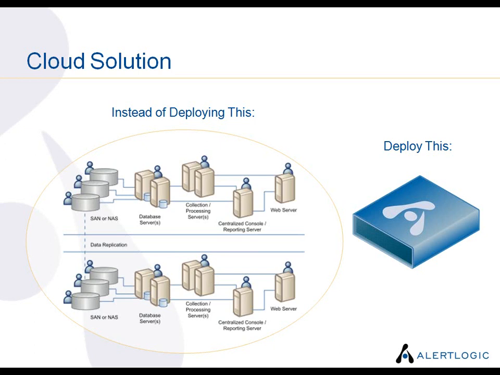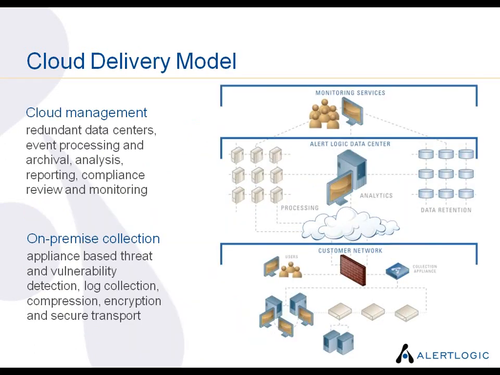This collection device sits out there, and all it's doing is collecting, prioritizing, and then sending that log data into the cloud. From a delivery model standpoint, if you start at the bottom, I have a very basic network diagram, and you see our collection device in there, sending that information into the cloud. And then we have redundant data centers in Houston and Atlanta, and we use grid-based technology both on the processing side and on the data retention side.